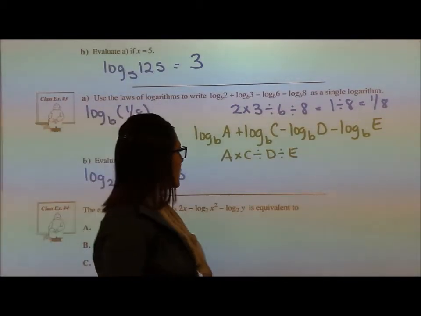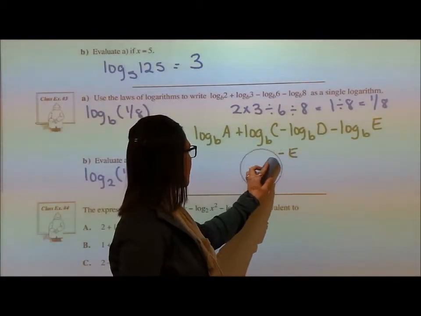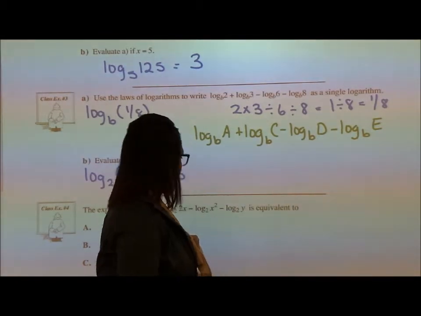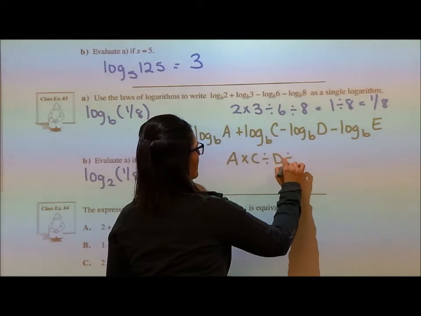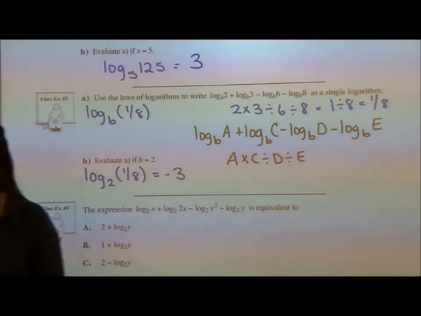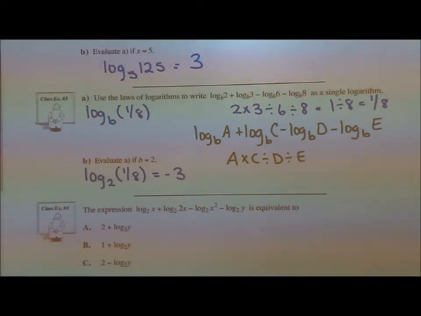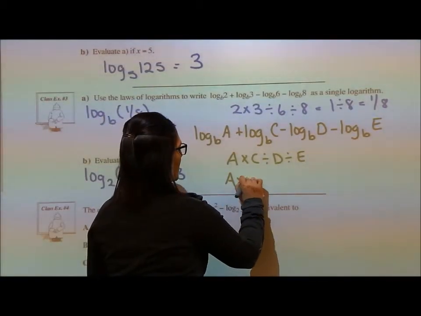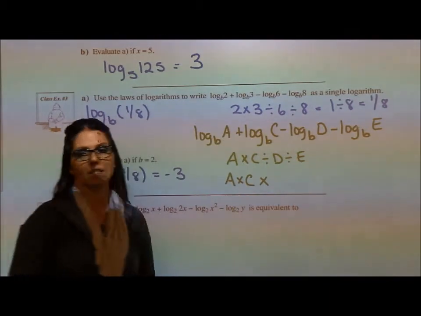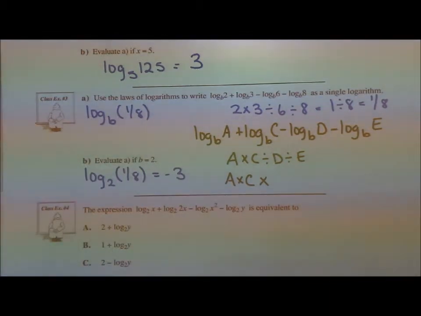So what I could do, actually there's two ways. The first way is I could change those divisions into a multiplication. So instead of dividing by d, what can I multiply by? 1 over d.